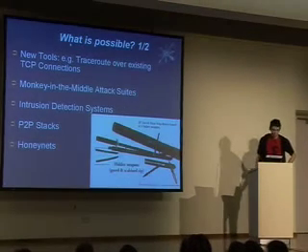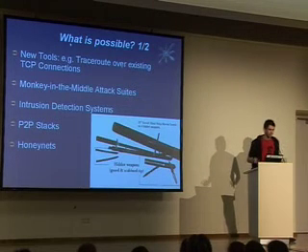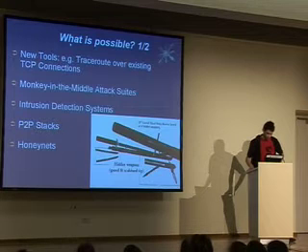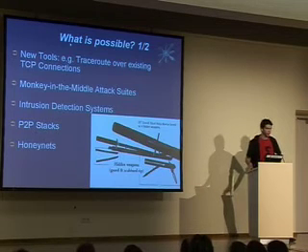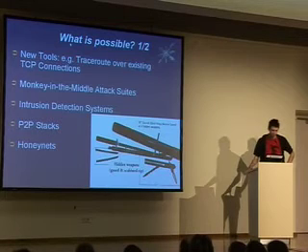Okay, so what is possible if we have a complete stack and for now assume the design is flexible enough that we can customize everything, that we can change everything, that we can build things that before haven't been thought about. So, for example, new tools, things we haven't toyed with before, traceroute over existing TCP connections.